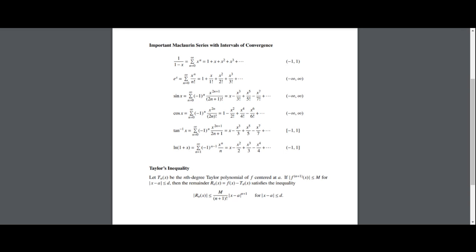For instance, the Maclaurin series for the cosine of x equals the series n equals 0 to infinity of -1 to the nth power times x to the 2nth power divided by the quantity 2n factorial. That's true for an interval of convergence from -infinity to infinity, which means all real numbers.